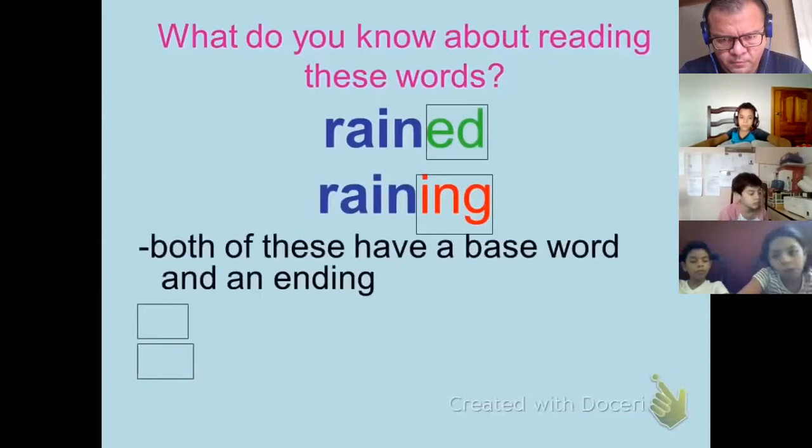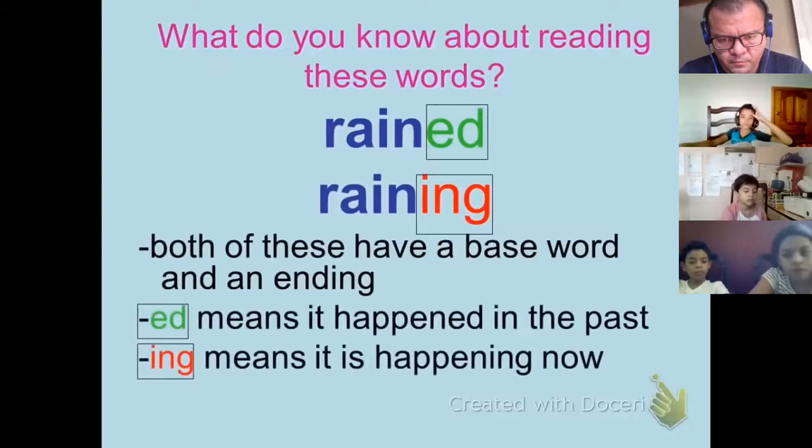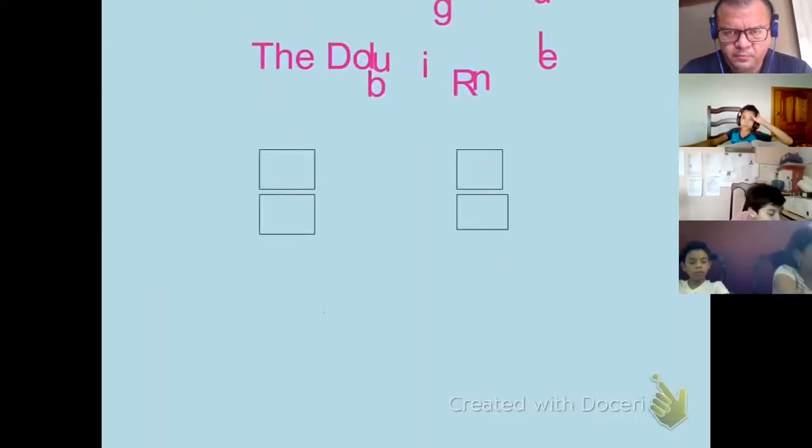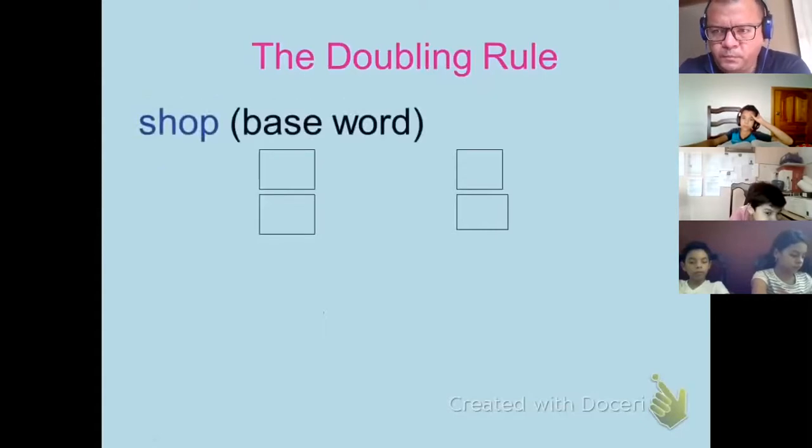Both of these have a base word and an ending. Ed means it happened in the past, and as I already stated, ing means it's happening now. Sometimes you have to follow the doubling rule. Here's the base word, shop.